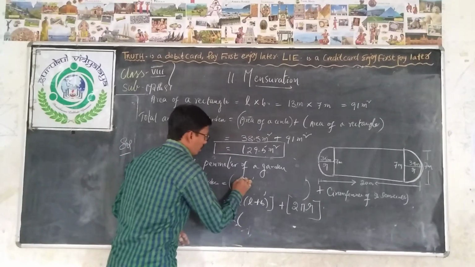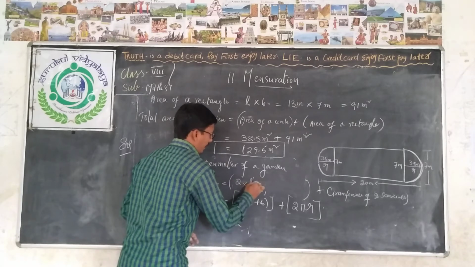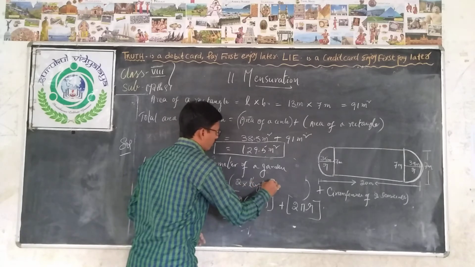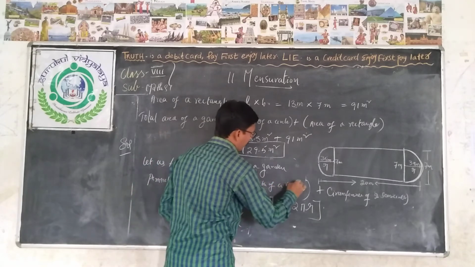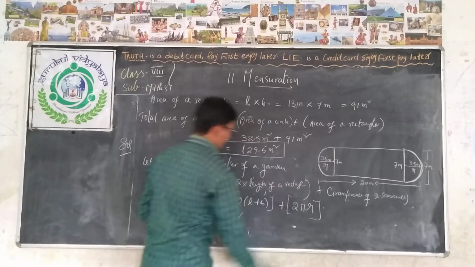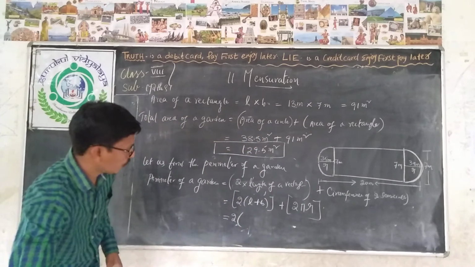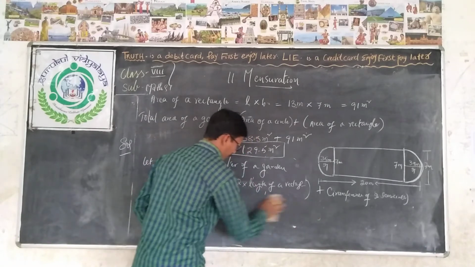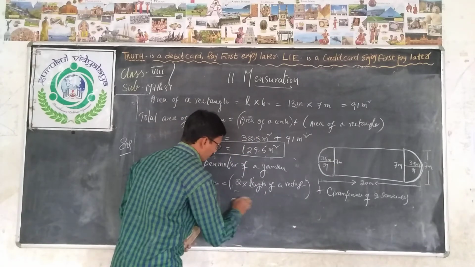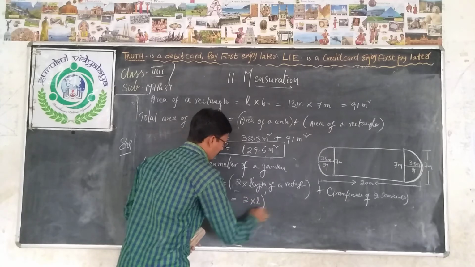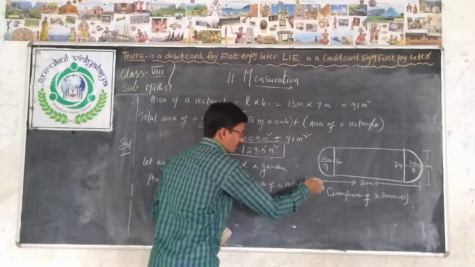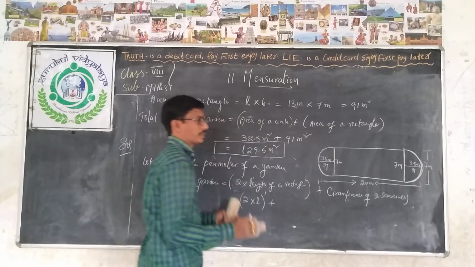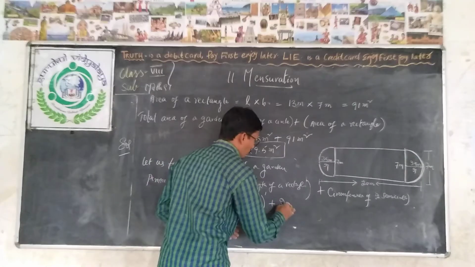So 2 into the length of the rectangle, 2L, plus the circumference of the two semicircles, that means the circumference of a circle, 2 pi r.